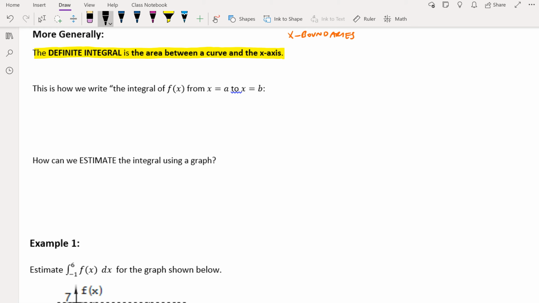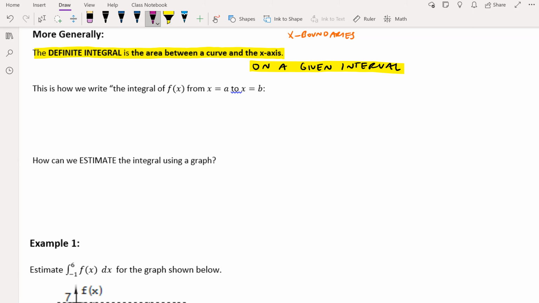It's the area between the curve and the x-axis from one x value to another. Or you can say on a given interval. Let's go with that. Okay, so that is the definite integral.